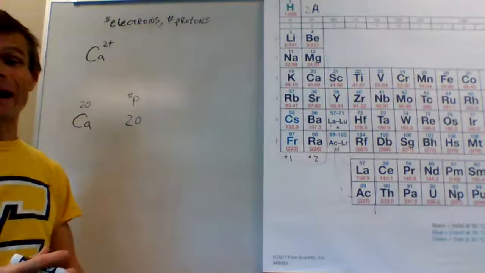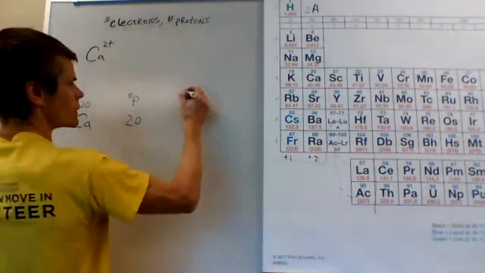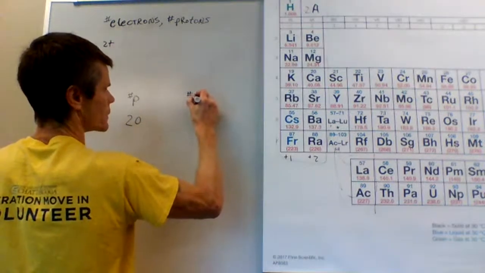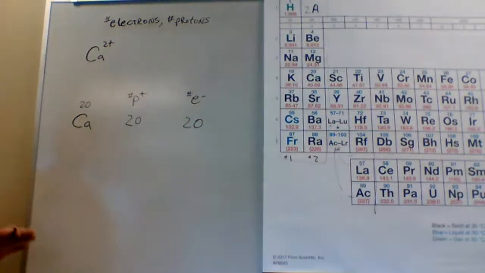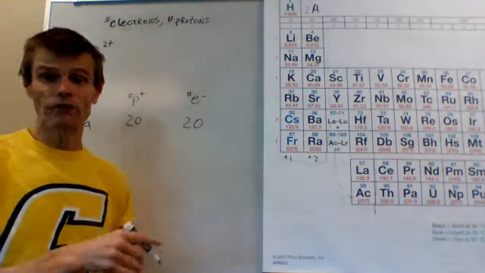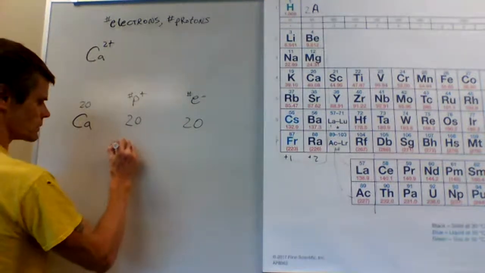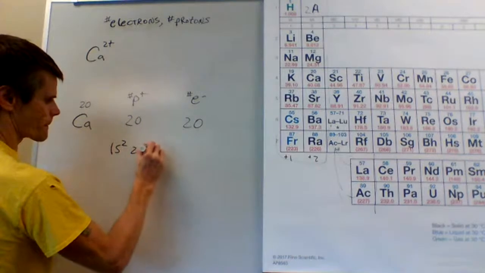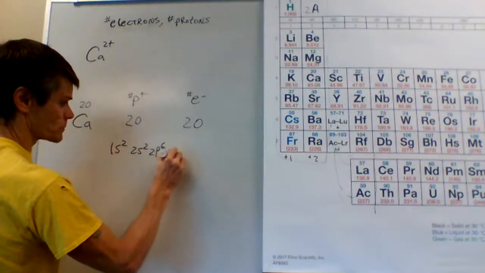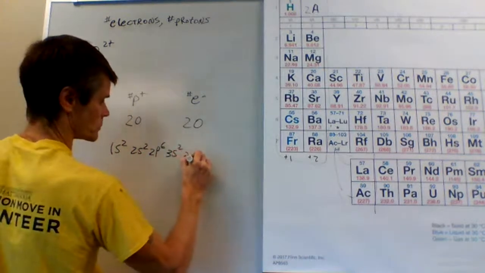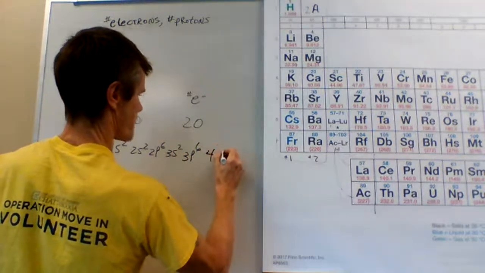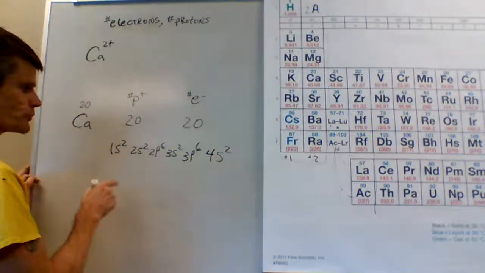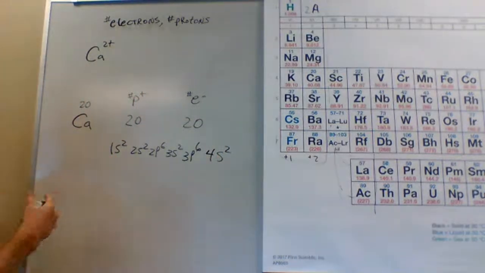And since the calcium atom is neutral, we also have 20 electrons. If we write the complete ground state electron configuration, this would be the complete ground state electron configuration for calcium.